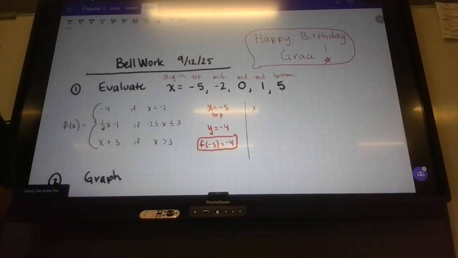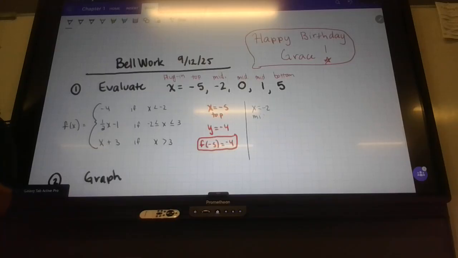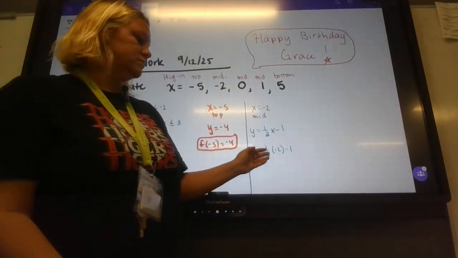Now we'll do x is -2, and that's going to be plugged into this part of the equation. So plugging in -2 in here, and now you can use a calculator.